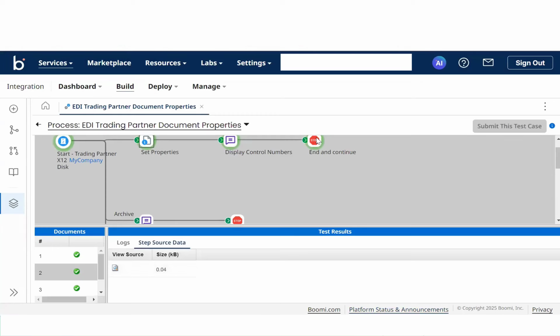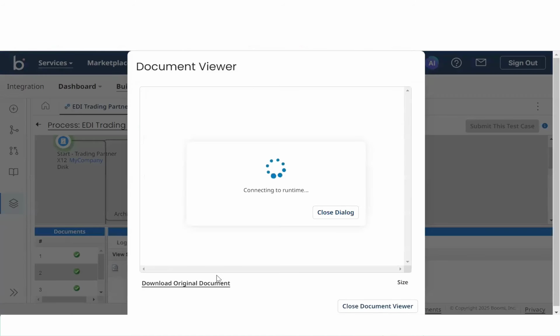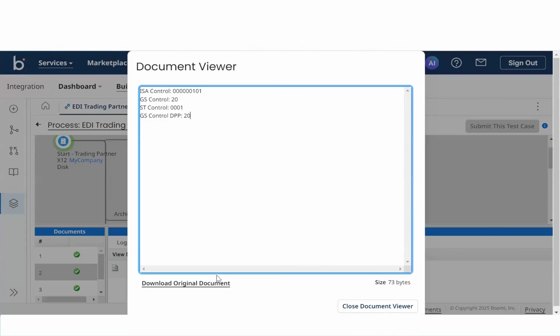What we're going to see when we retrieve the document properties for the trading partner information is that all three of the ISA control number, GS control number, and ST control number are available down the documents path for this particular transaction set.